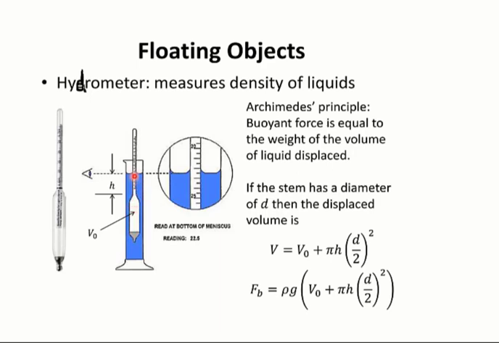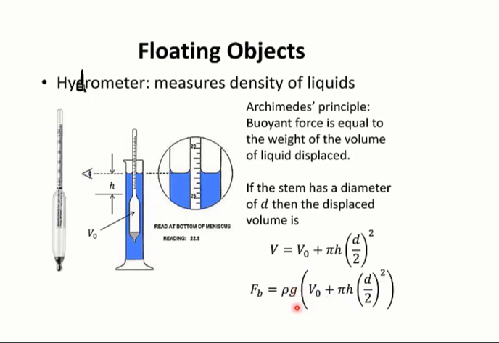Okay, so according to Archimedes principle, what is the buoyant force? Well, the buoyant force is the weight of this amount of water, right? So we have to multiply this volume with rho, that gives us the mass of that liquid, times g.